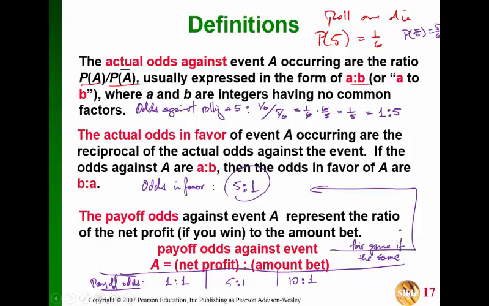I'm not going to talk about it much today, but if you have time researching things, or if you happen to go to Vegas between now and Thursday, look at the roulette table. There are payoff odds for the roulette table, and you can actually compute the probability against you. The actual odds in favor and the payoff odds are a little bit different.